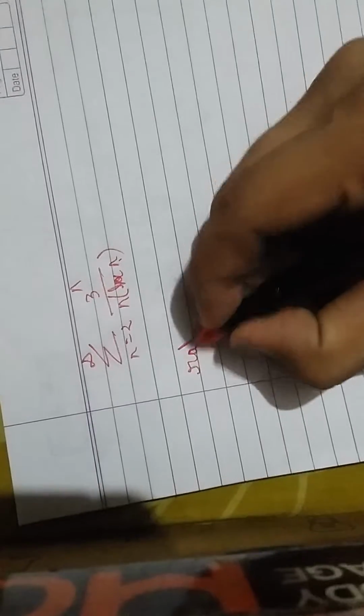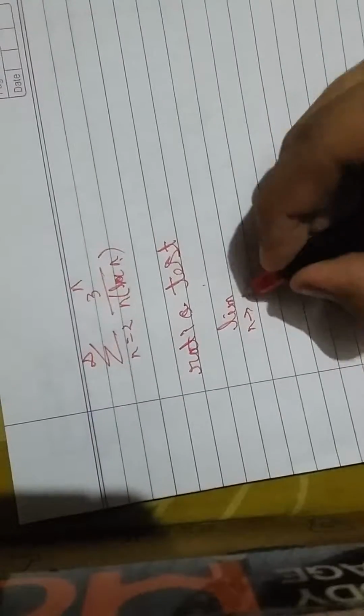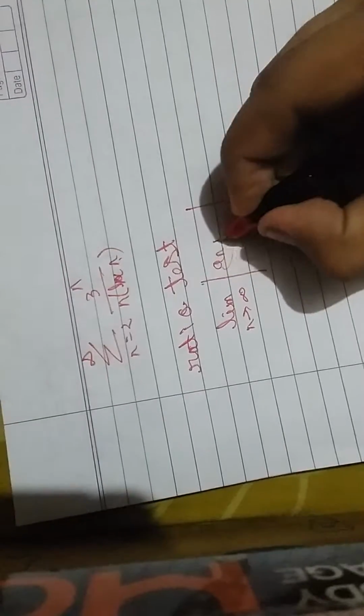We are just going to do some examples of the ratio test, that is, summation of n equals 2 to infinity. Ratio test: limit as n tends to infinity, taking the absolute value of a(n+1) upon an.